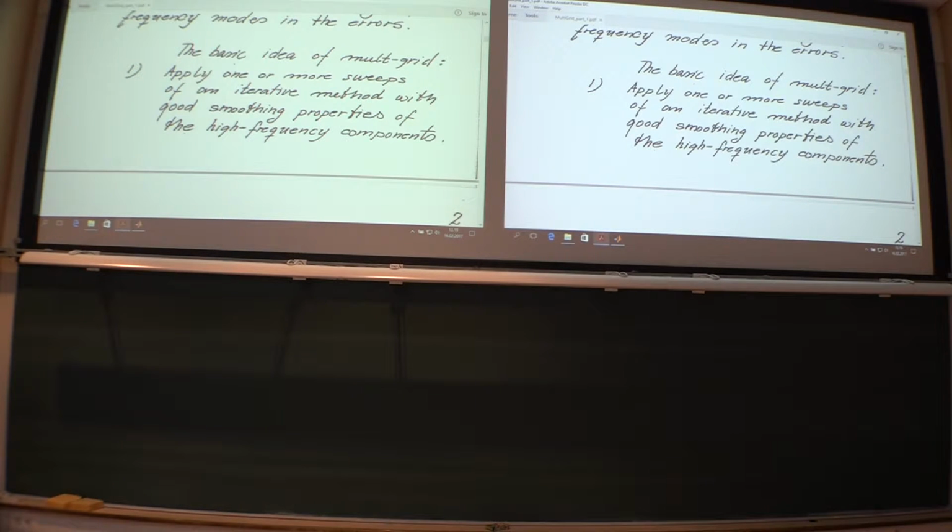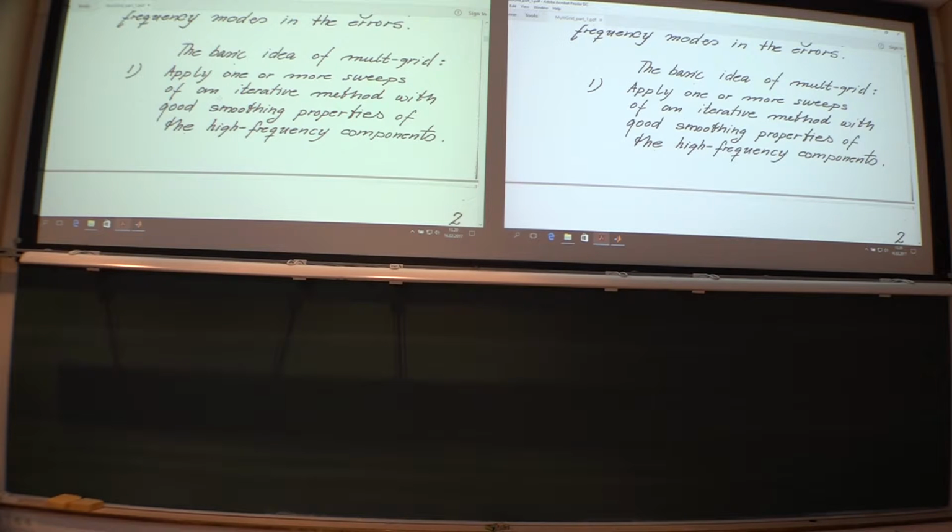So we start on the fine mesh and do some iterations. Here in the text they talk about sweeps. One sweep means one iteration, one calculation, one update of all your unknowns on one grid level. That's one sweep. So just exchange it with one iteration. Later we're also going to call it one relaxation. But it still means one iteration.